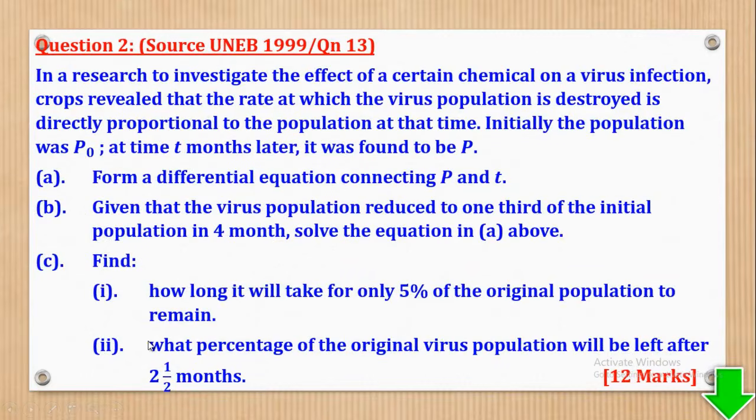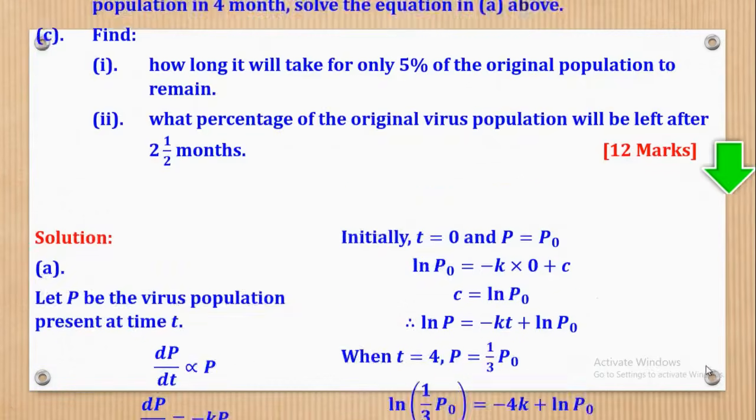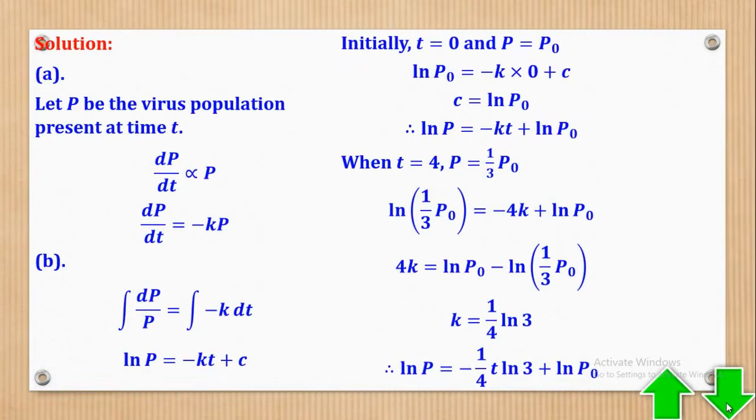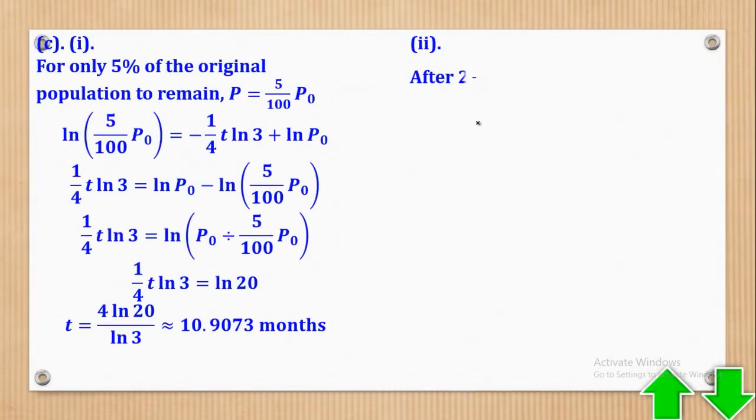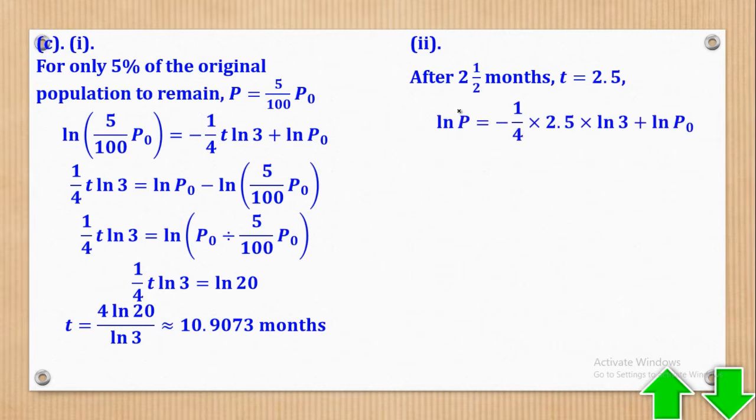What about Roman 2? They wanted to find what percentage of the original virus population will be left after 2.5 months. So they are giving you the t, which is 2.5. After 2.5 months, t is equal to 2.5. Substitute for t and, since they wanted the percentage, we look for P over P naught.